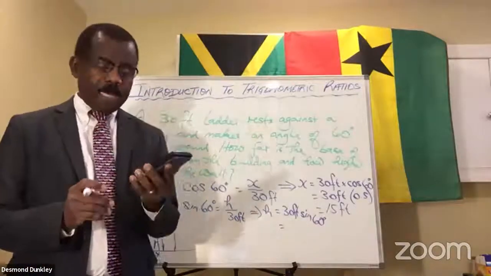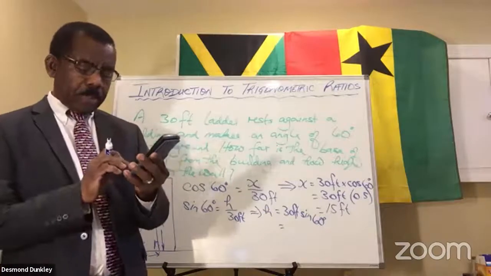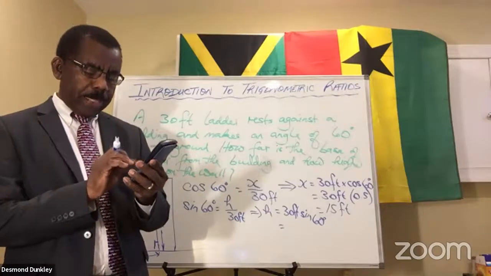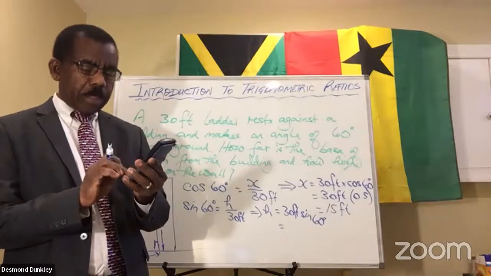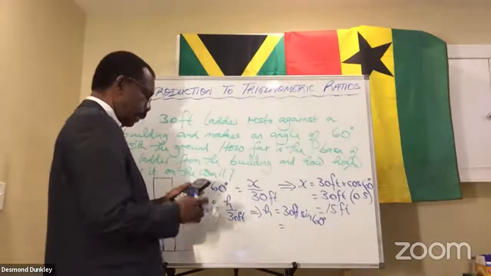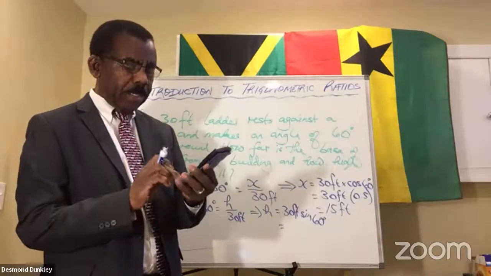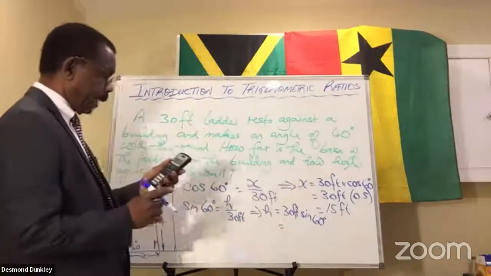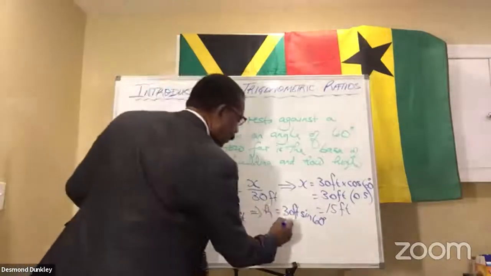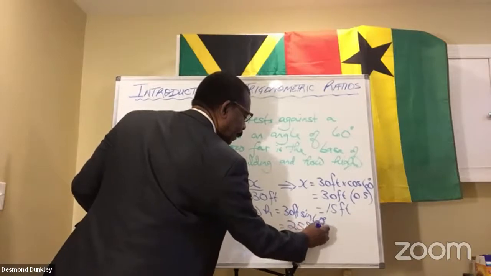Okay, it's not an easy one like cosine of 60. So it's going to be 30 feet times 0.866. I'm going to go ahead and multiply by 30. And the answer is approximately 25.98 feet.